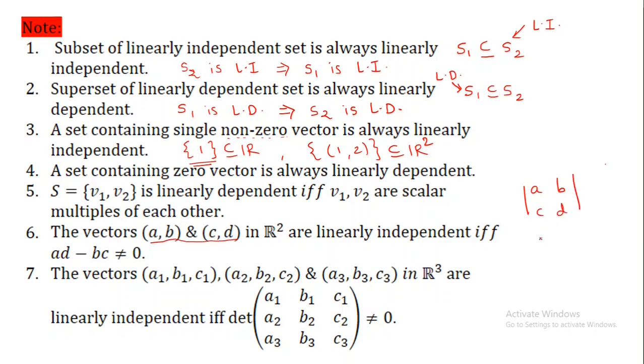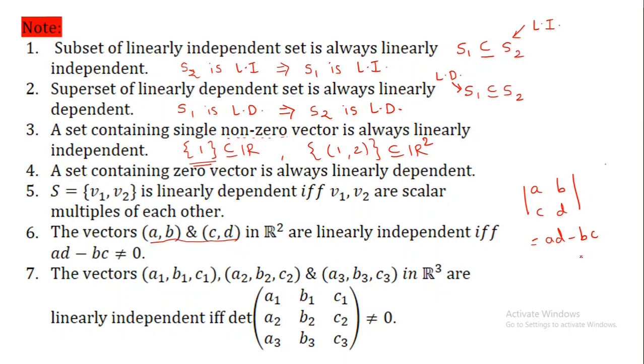What is this determinant? It is actually AD minus BC. So whenever two vectors (A, B) and (C, D) are given to you and the question asks you to check whether the two vectors are linearly dependent or independent, you simply find the determinant.